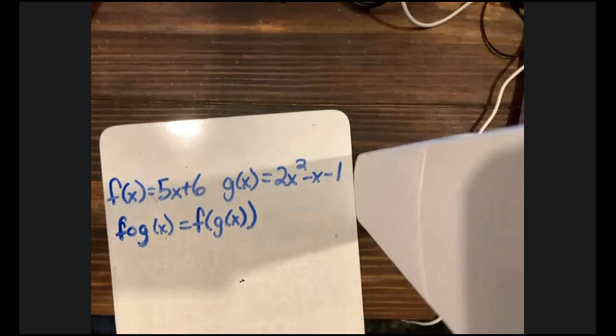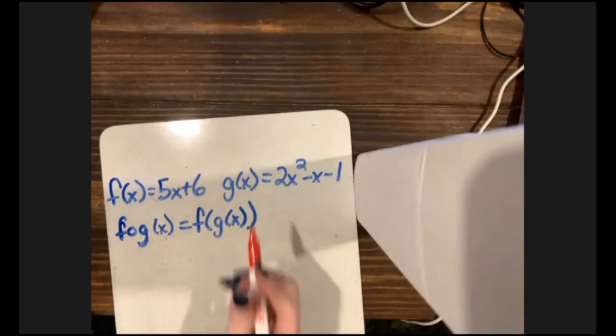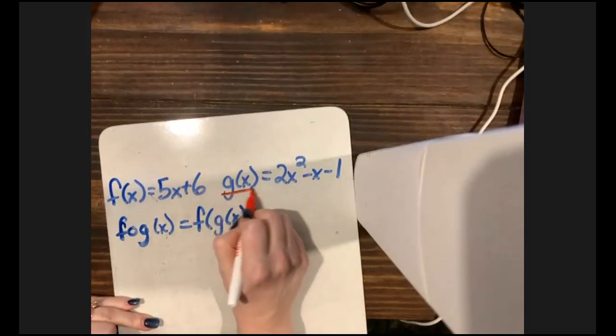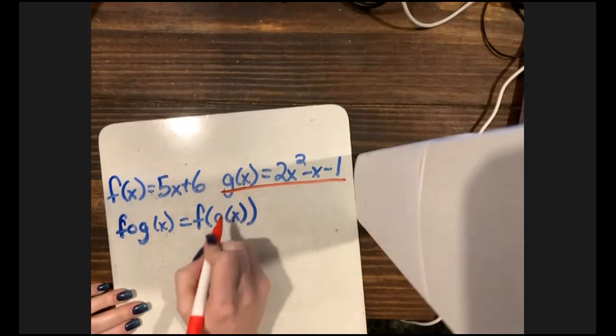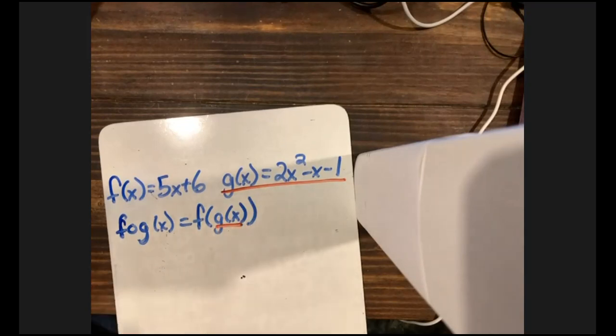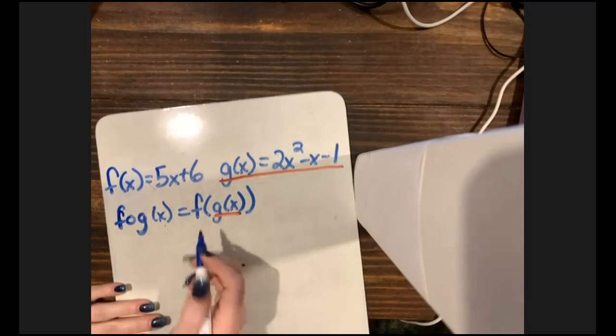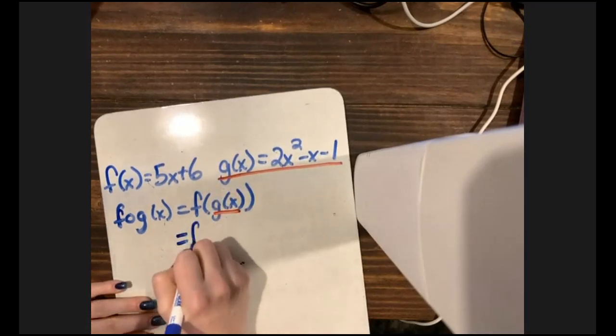Now I'm going to use some color here to help me out. G of X, I'm going to underline in red. Hopefully it looks like red to you guys. And then the first thing that we're going to do is this G of X in here is going to be replaced with what it actually is.